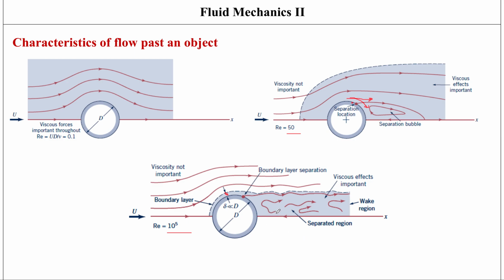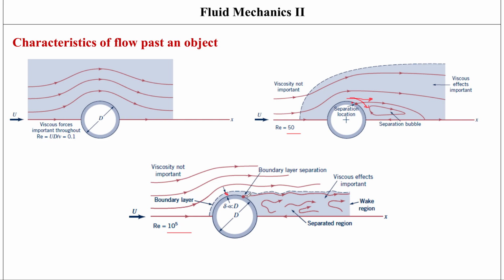One important thing to remember is that whether or not viscous effects are important, of course viscosity is the same. Again, I'm going to emphasize this point: when I say that viscous effects are important within the boundary layer and they're not important outside of the boundary layer, it does not mean that viscosity becomes zero outside the boundary layer. Okay.